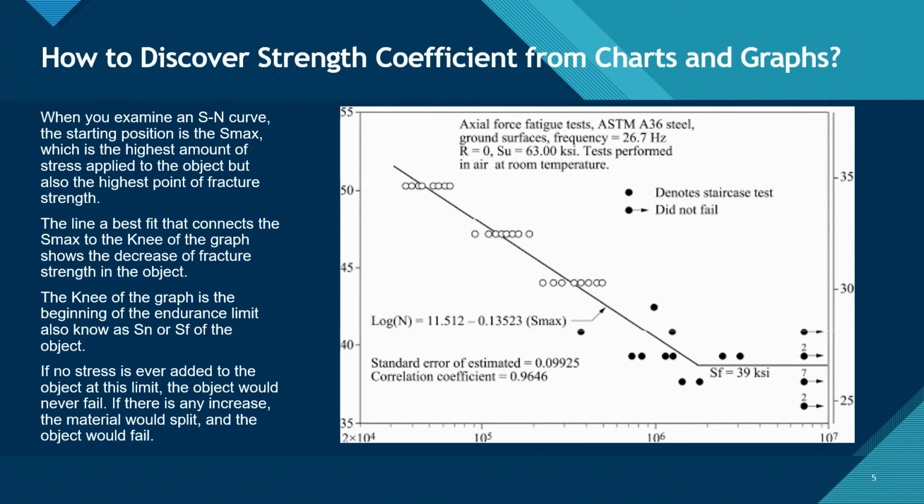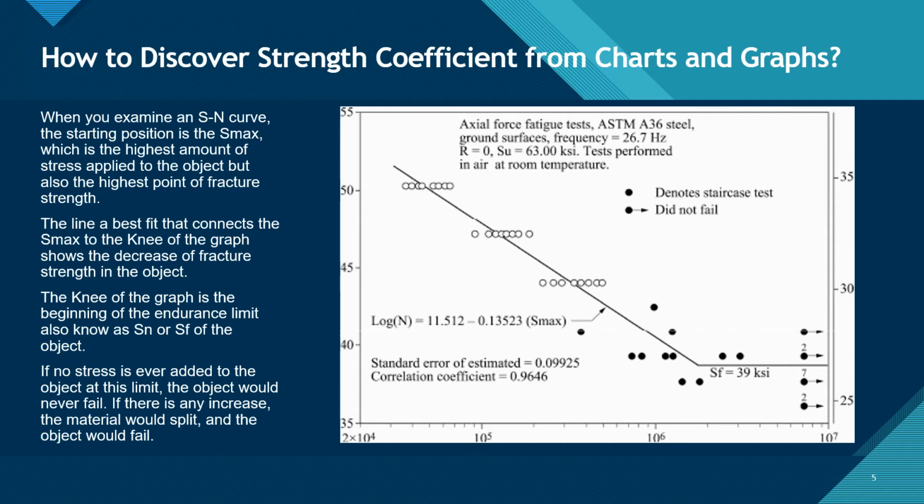When you examine an SN curve, the starting position at 10 to the power 3 cycles is the S max, which is the highest amount of stress applied to the object and also the highest point of fracture strength in the material. The line of best fit that connects the S max to the knee of the graph shows the decrease in fracture strength of the object.